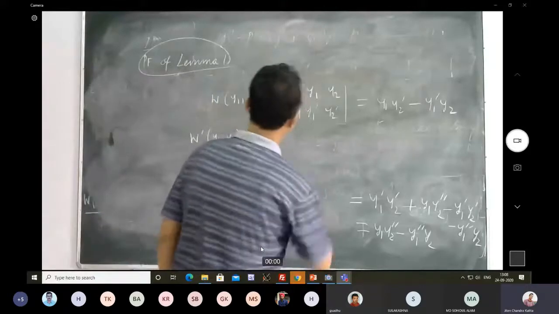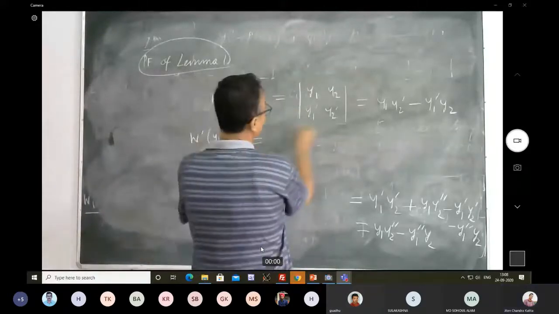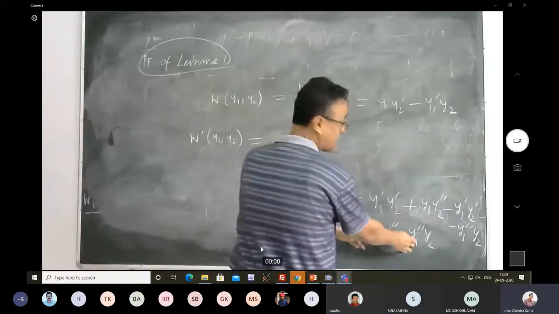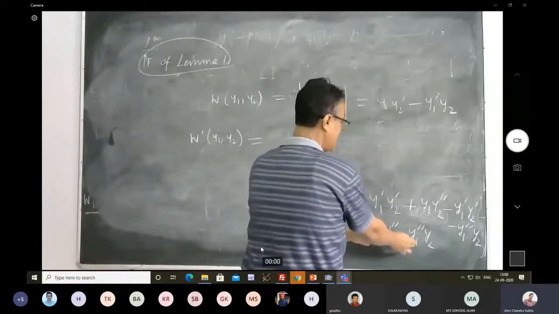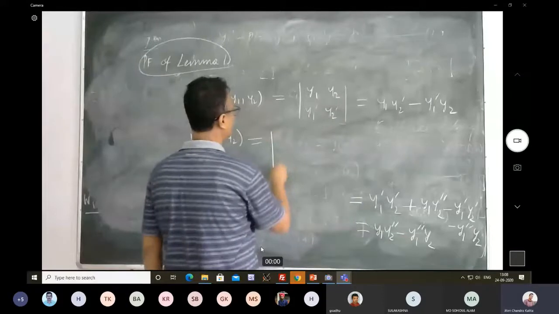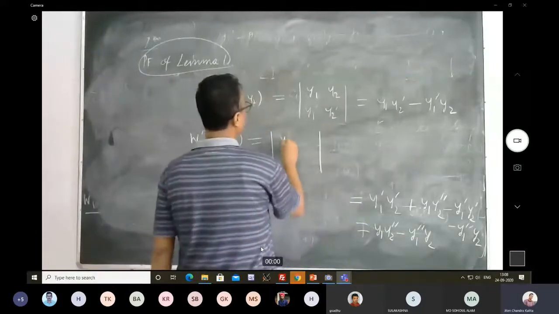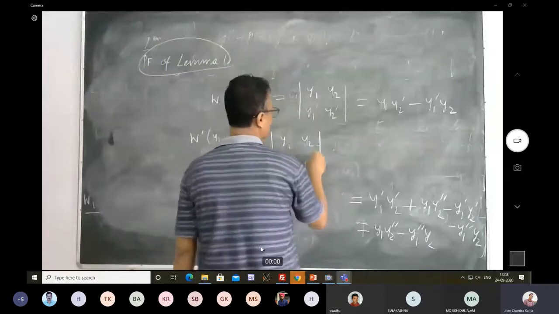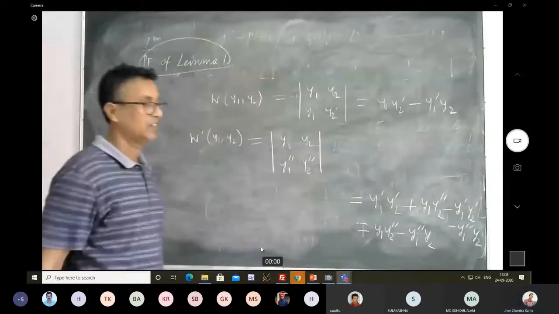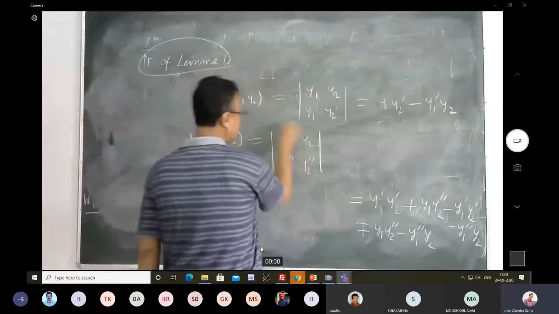Now from here, if I want to express this in terms of determinants, it is simply y1, y2, y1 double prime, y2 double prime, isn't it? You don't need to worry for the time being.